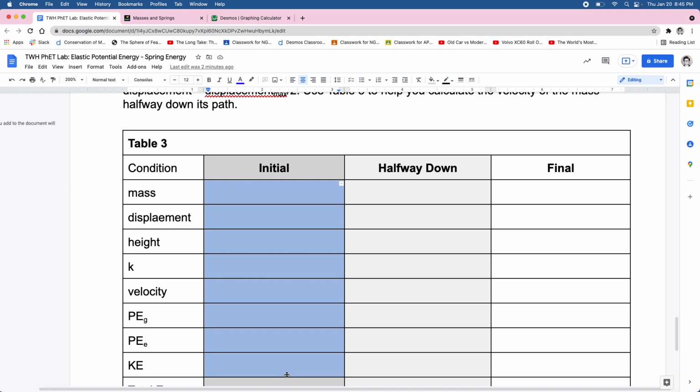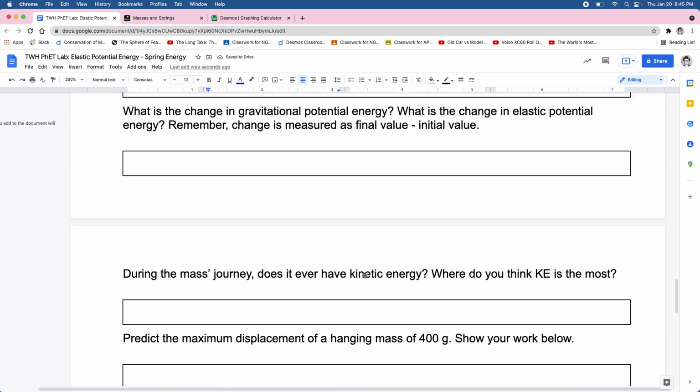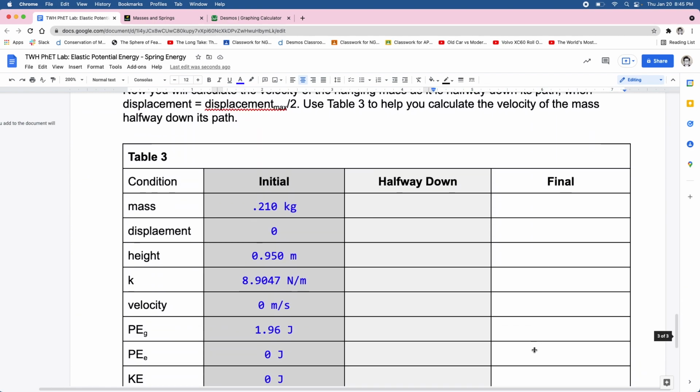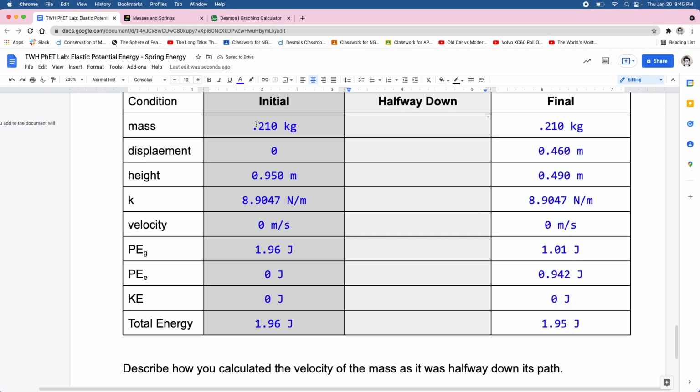Right? Nothing is changing. And you know that my final conditions are also the same. Right? The only thing that is changing is what happens halfway down here. But even that isn't too difficult to figure out because we can pretty much look at this table.